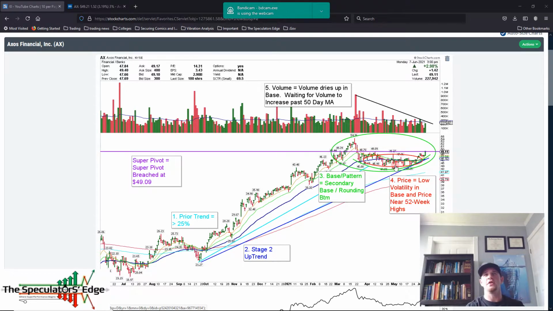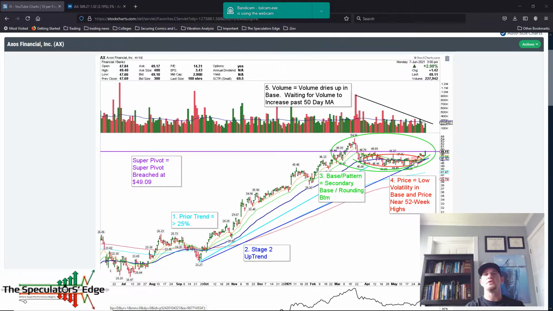There's low volatility, okay? This is a nice coiling phase right here. It's nice and tight. It hugs the 50-day moving average, and not only that, there are some shakeout points within this 50-day moving average where institutions are literally shaking some of the weak hands out and taking some market share right here.